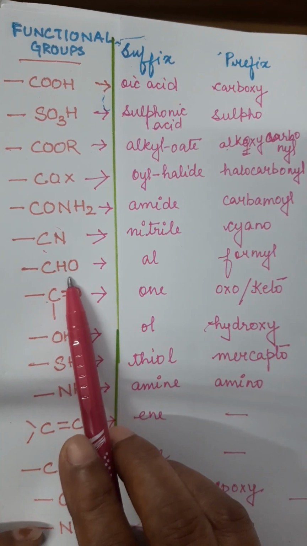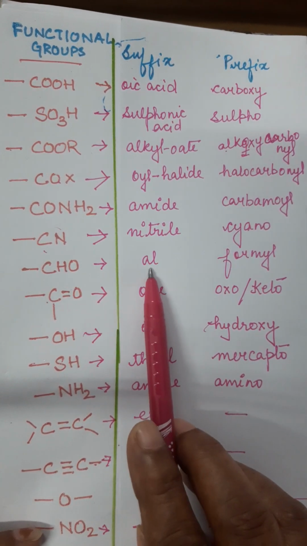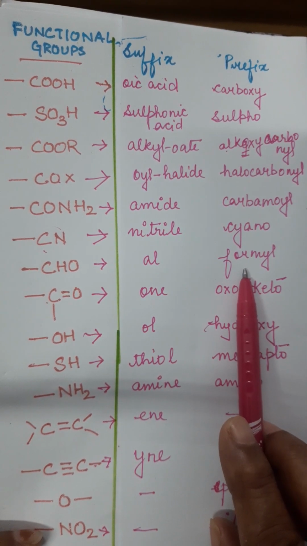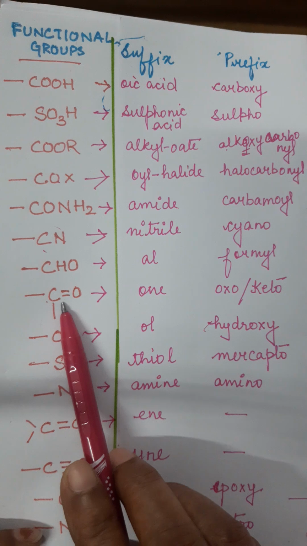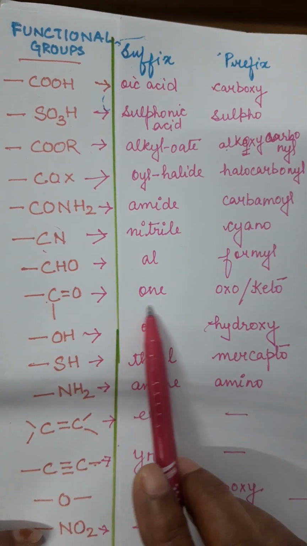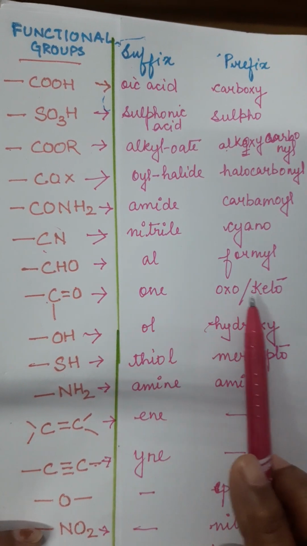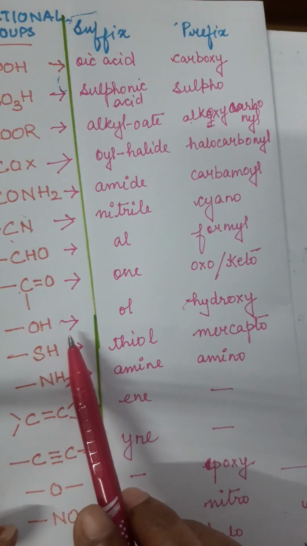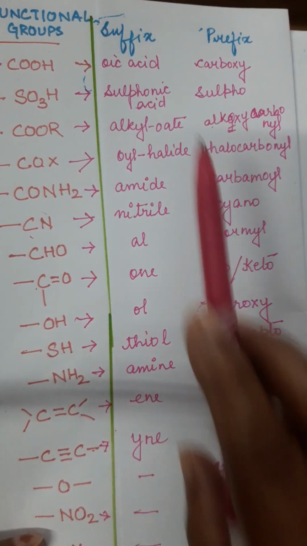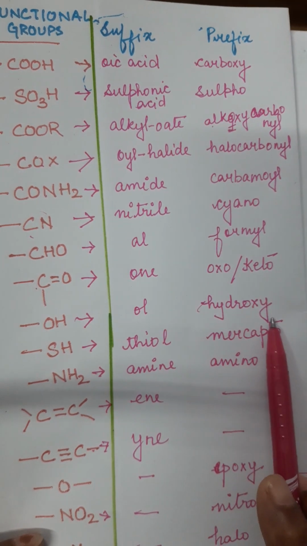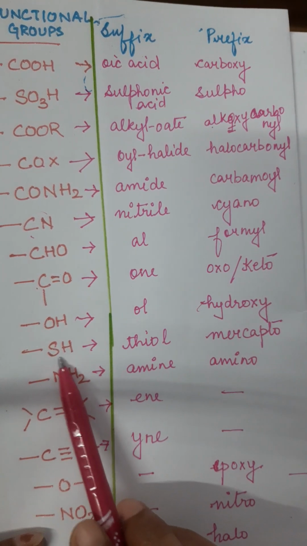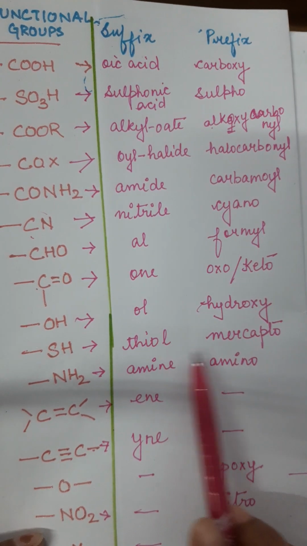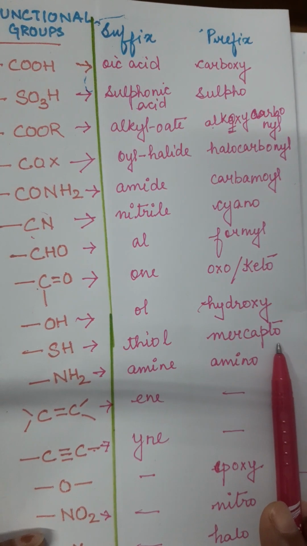Then CHO, which is an aldehyde, is named as al as suffix and formyl as prefix. C double bonded O, which is a ketone, is named as one as a suffix and oxo or keto as a prefix. Then OH is named as ol as a suffix and hydroxy as a prefix. SH is named as thiol as a suffix and mercapto as a prefix.